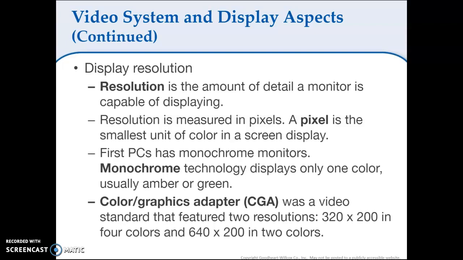Monochrome is just one color, usually amber or green. Over the course of time, computers have evolved, and now we have color graphics adapters, or CGA, which is a video standard that features two resolutions, 320 by 200 in 4 colors and 640 by 200 in 2 colors. And color monitors is what we usually enjoy today. Monochrome monitors have become obsolete and are no longer used except for some rare cases.